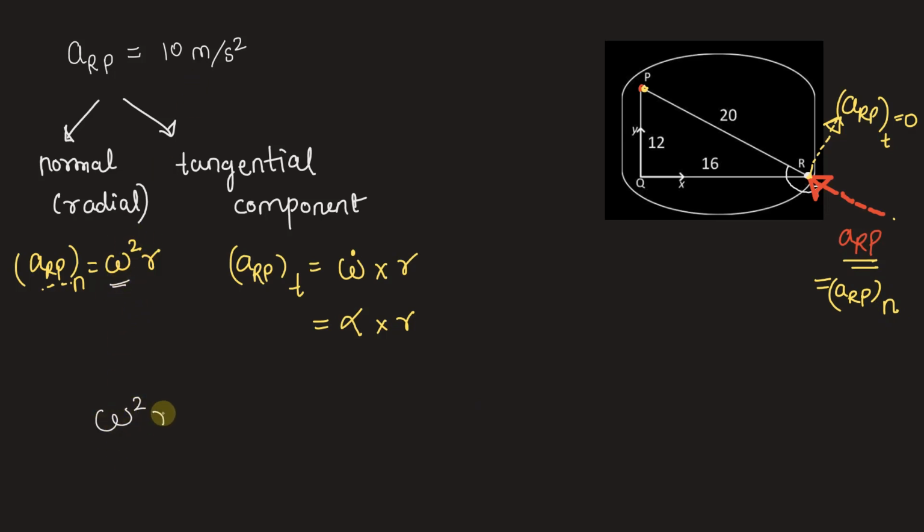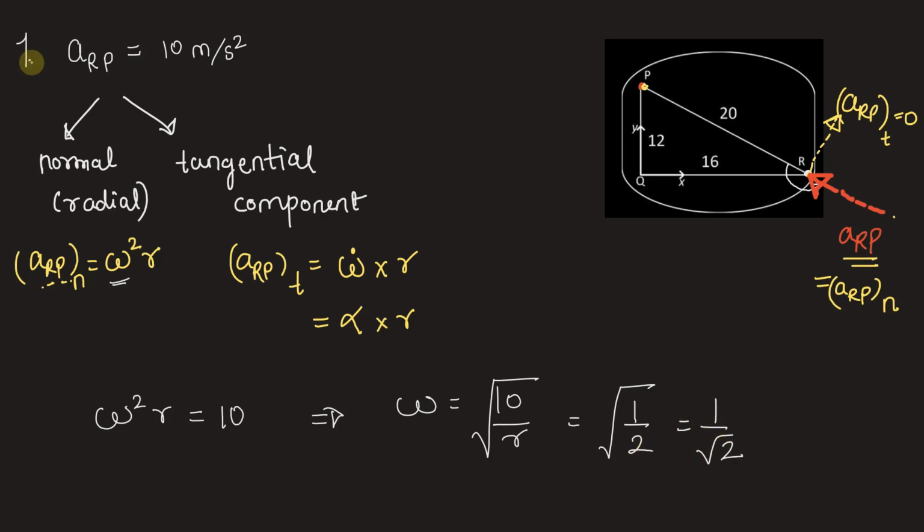So, omega square R is equal to 10, which gives us omega is equal to under root of 10 upon R. R is given to be 20, so it is under root 1 by 2, which is 1 by root 2. This was the first part where we calculated the angular velocity.